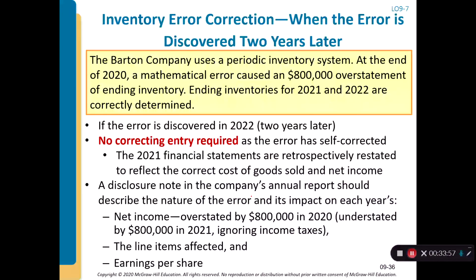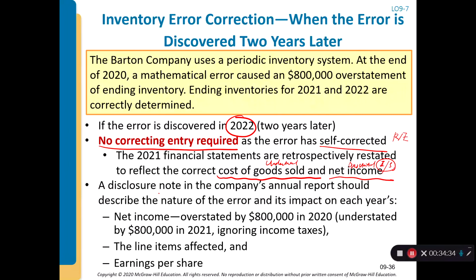And second of all, if the error is discovered 2 years later instead of 1 year later, first of all, no correcting entry is required as the error has been self-corrected in the retained earnings account, right? But in the 2021 financial statement, you do need to retrospectively restate and reflect the corrected cost of goods sold and net income, because cost of goods sold is understated, right? And net income is overstated. You have to correct the temporary accounts, or income statement accounts.